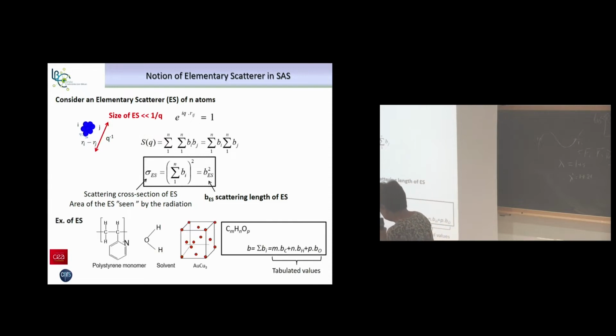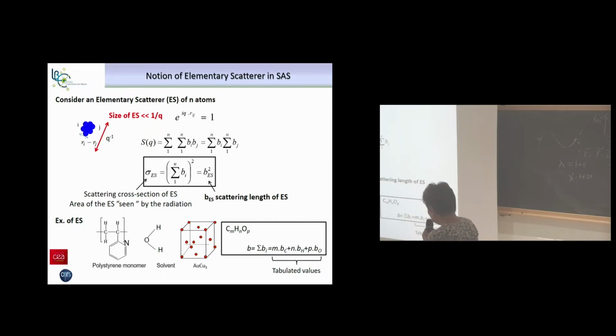So for example, here I took the example of the polystyrene monomer, of a solvent, of water, and also of latex. And here is the chemical formula, with the number of carbon, hydrogen, and oxygen.